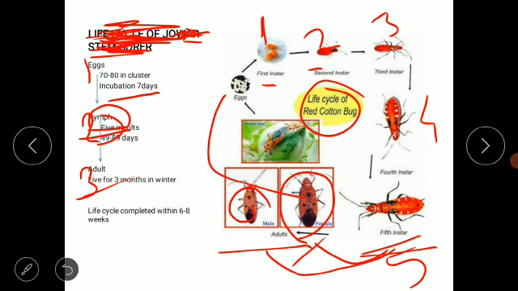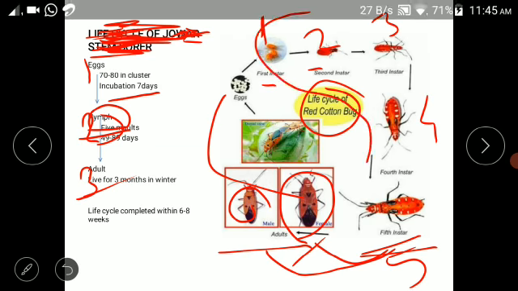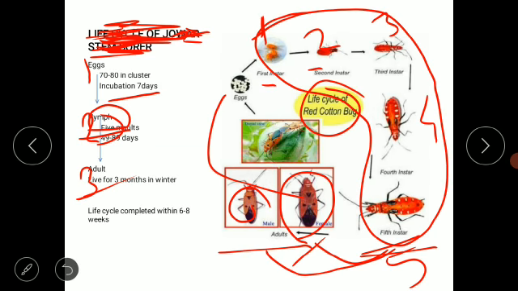To complete the whole nymphal stage, from first to fifth, it requires a total of 49 to 89 days. Why is there a variation? For our consideration, instead of saying 49 to 89 days, we say 50 to 90 days. The nymphal instars convert from first to second, second to third, and again it depends on the environmental situation.